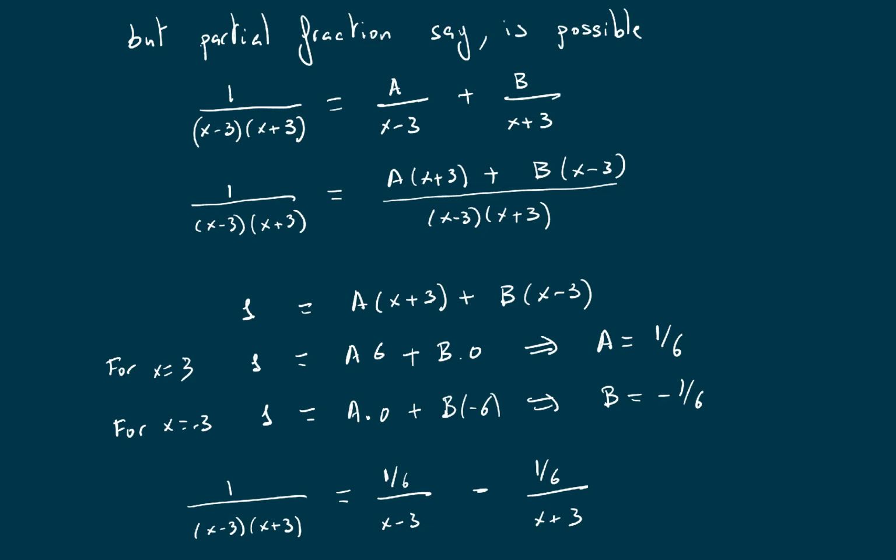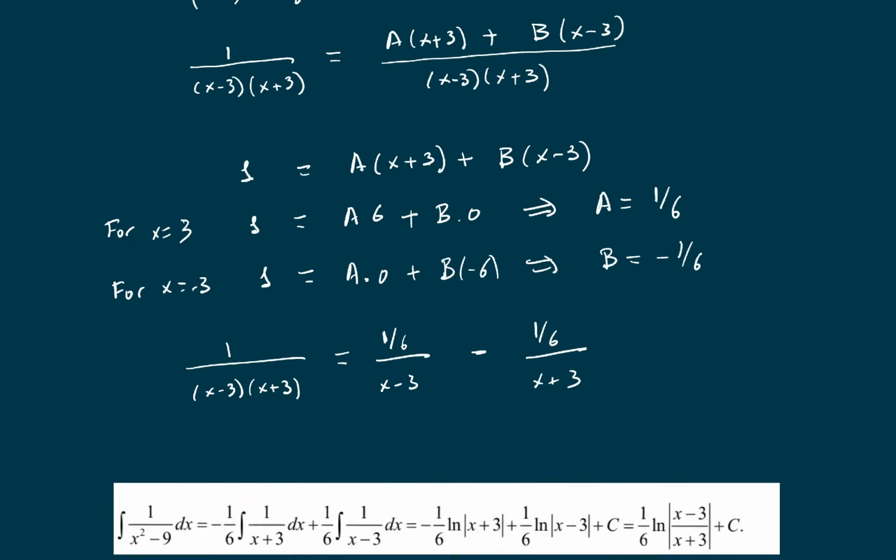We have converted 1 divided by x minus 3 multiplied by x plus 3 into two different terms, whose sum, in this case the difference, because b is minus 1/6, is this. So instead of solving the integral here, we will solve two simple, easier integrals.